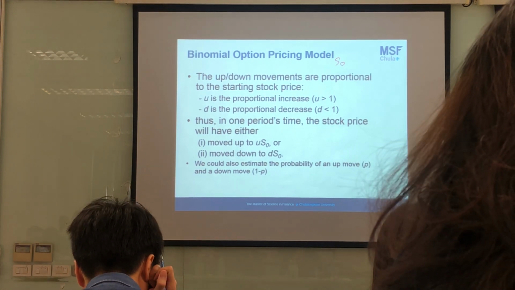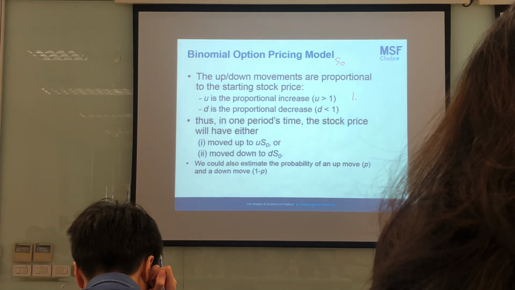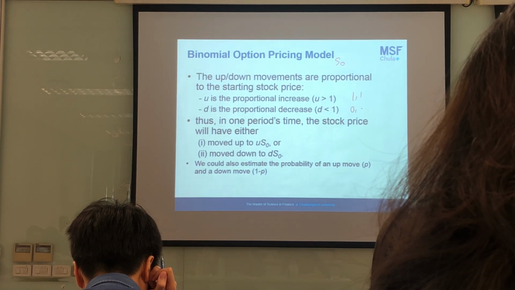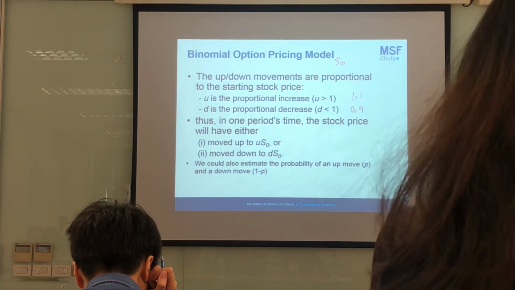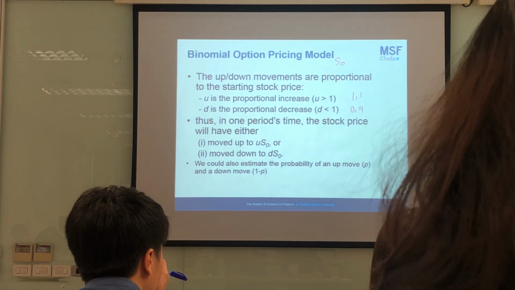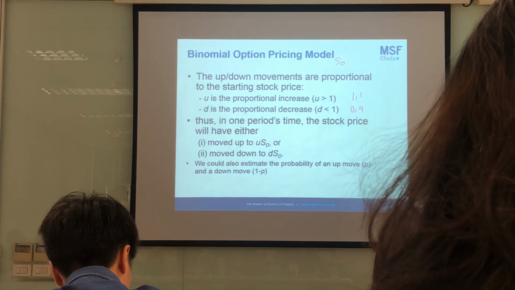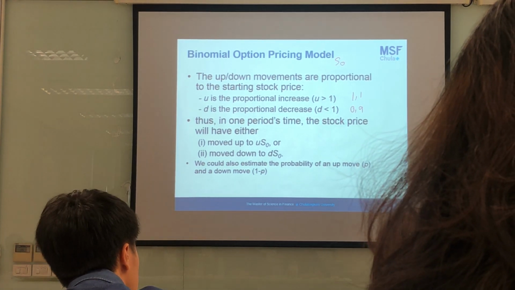So U and D will be equal to 1.1 and 0.9. Suppose that the underlying asset is a stock.